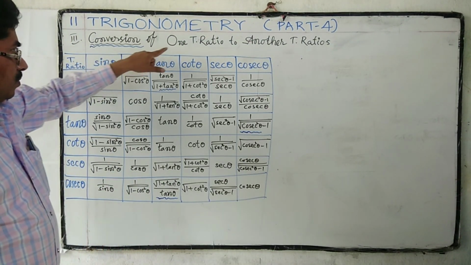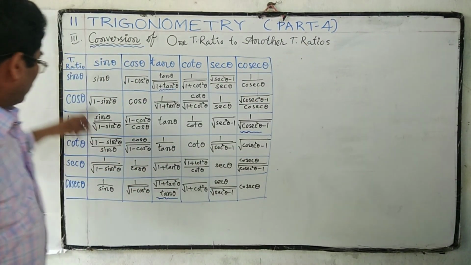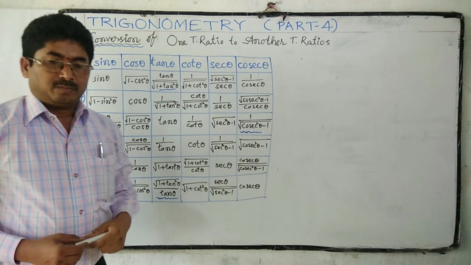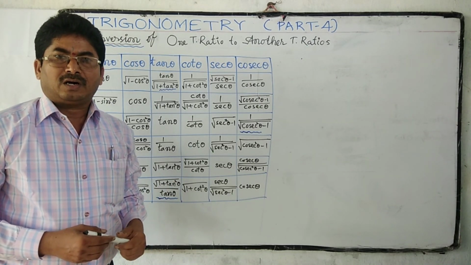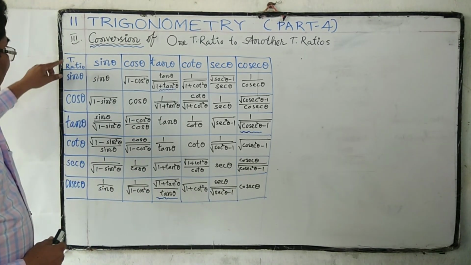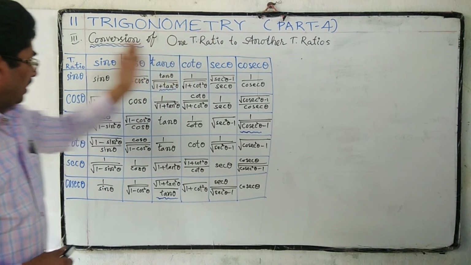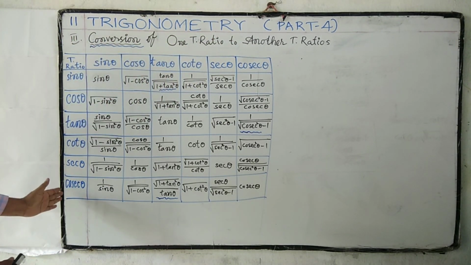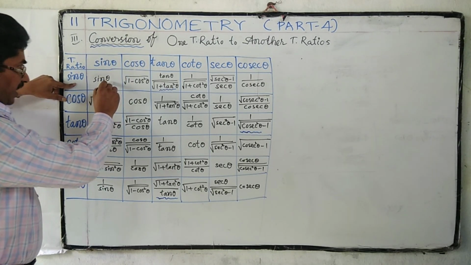Conversion of one trigonometric ratio to another trigonometric ratio. This is a very important table, for competitive exams and academic exams. Trigonometric ratios in this row side and trigonometric ratios in column side. Sin theta in terms of sin theta, same sin theta only.